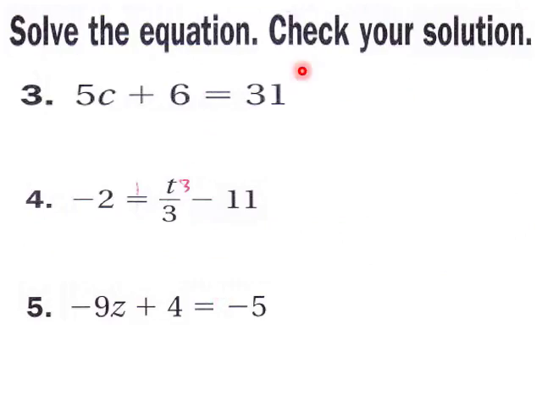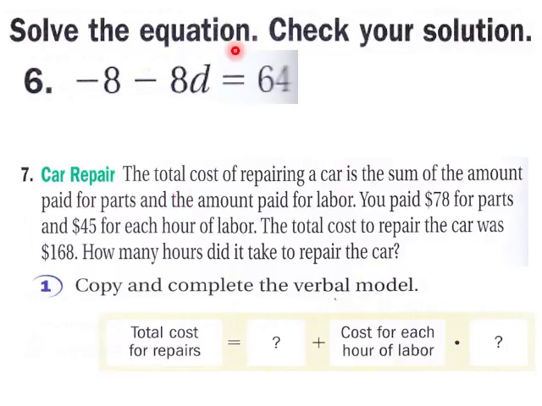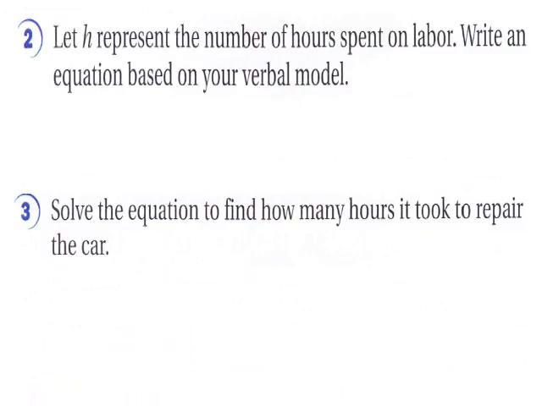Solve the equation, check your solutions here. Check them. Check your solution. Then we have a word problem here. Copy and complete the verbal model here from this word problem. This is a continuation of the verbal model.